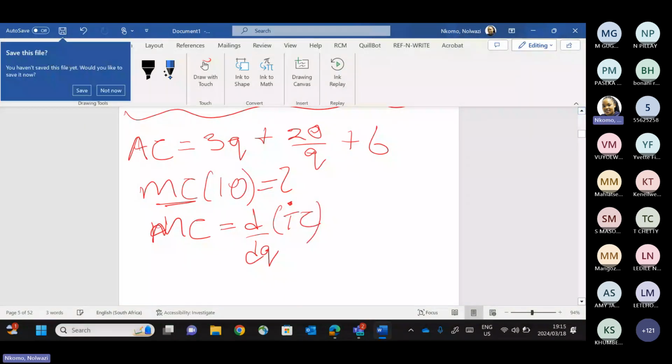You know that the marginal cost is the derivative of a total cost, but you are given an average cost. But you can find the total cost by multiplying the average cost with the units produced, right?